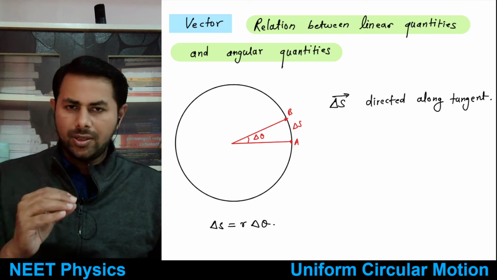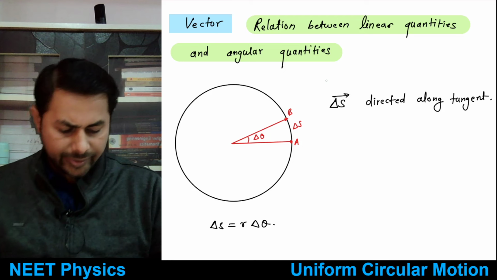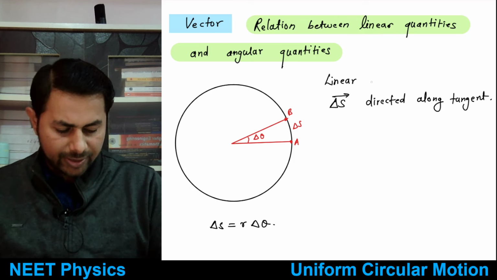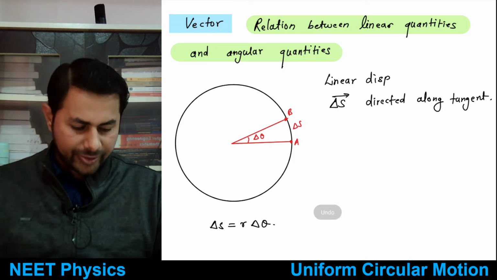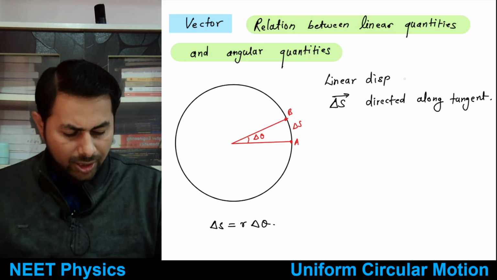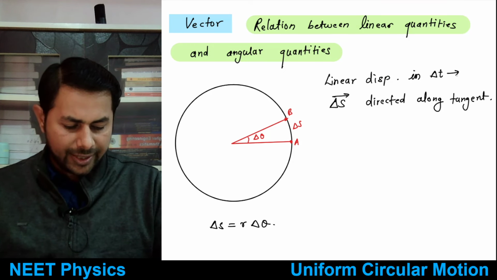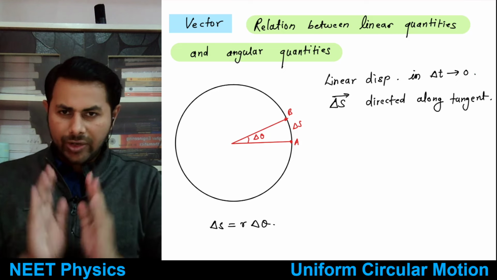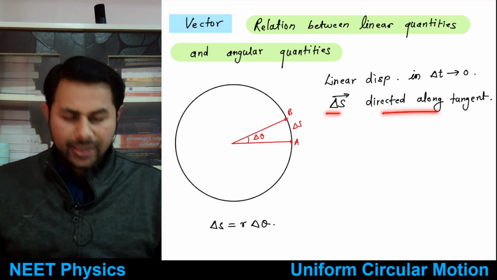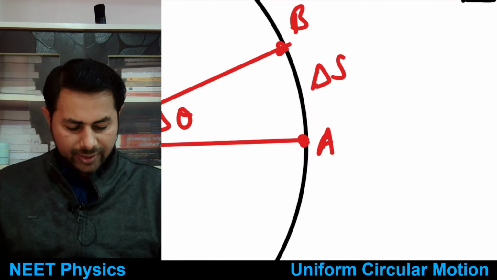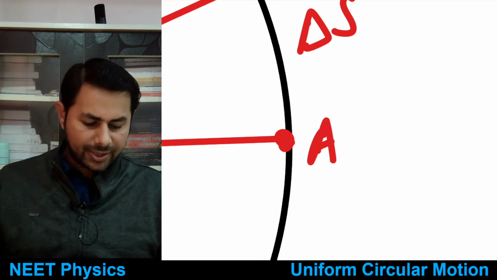This is the linear displacement in a very, very small time. I will write it as the linear displacement in a very small time, delta t tends to 0. So it is directed along the tangent. You can see that in a very small time the object is always moving along the tangent, right?